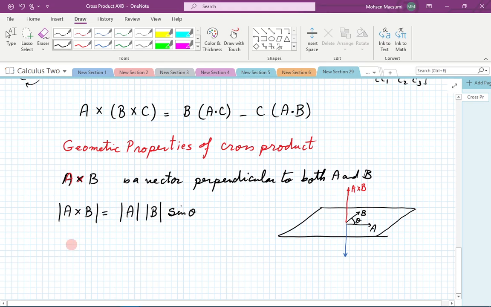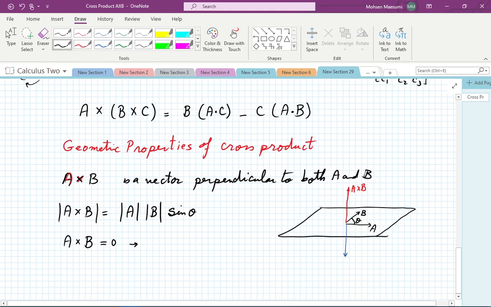Now, you notice that if A and B are lining up, either the angle is 0 or the angle is 180 degrees, that sine is going to be 0, and as a result A cross B is going to be 0. So one way to figure out something about two vectors is that if their cross product is equal to 0, it implies A and B are in the same line.